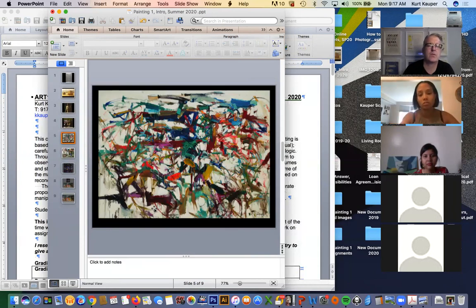So we could say that the painting represents that. There's definitely overlap, and those terms are imprecise. That's going to be the case with many of the terms we use.